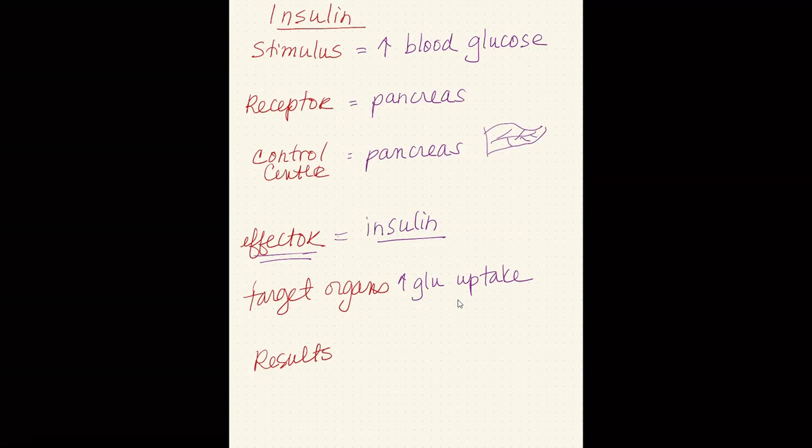We'll end up increasing our glycogen stores, so we put it away for a rainy day.